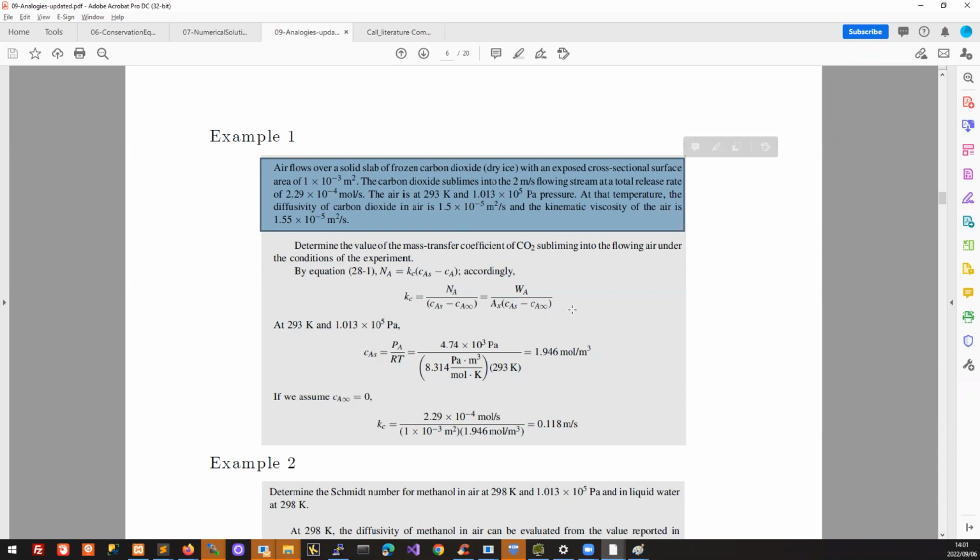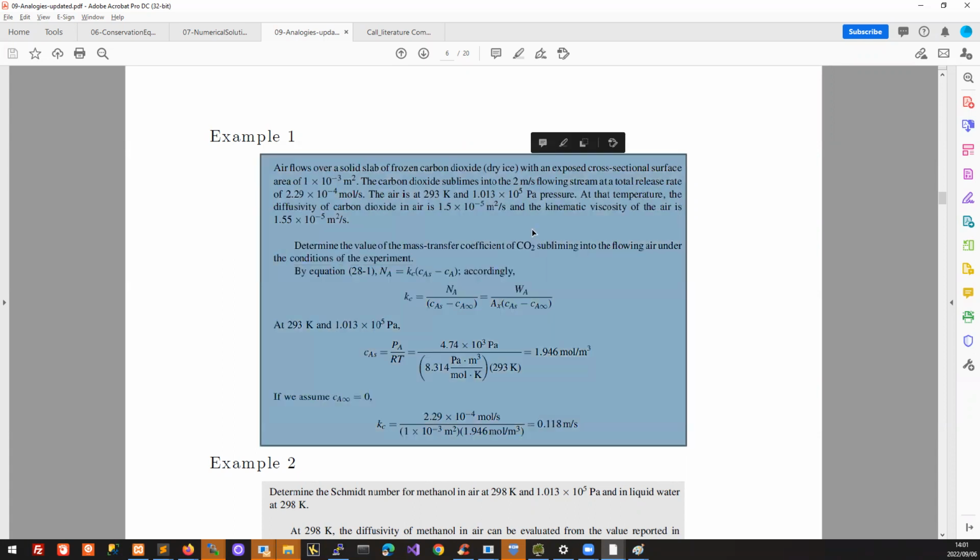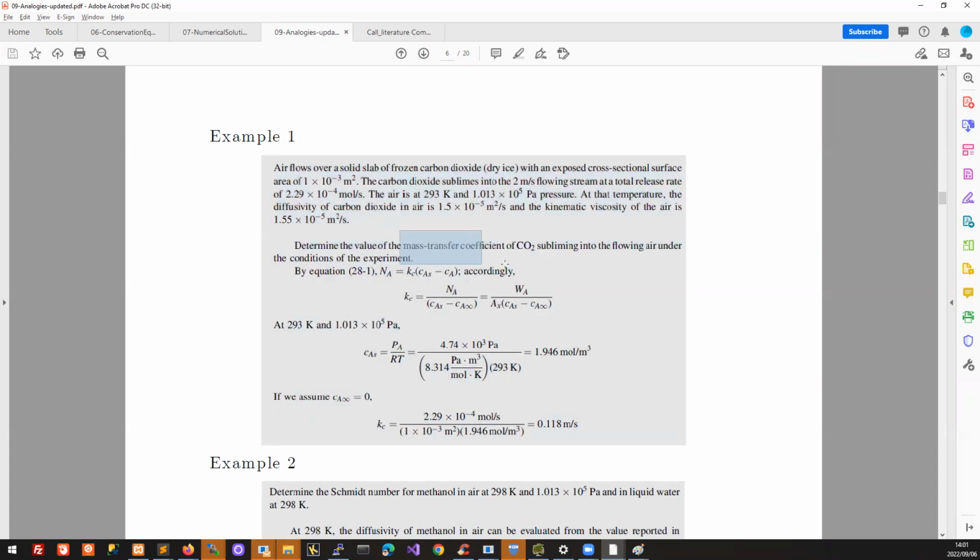But through this great power of analogies among momentum, heat, and mass transfer, we are able to relate the seemingly unrelated constants to each other. And so this is a way to extend our estimates, or it's a way to extend what we can do with the available data.